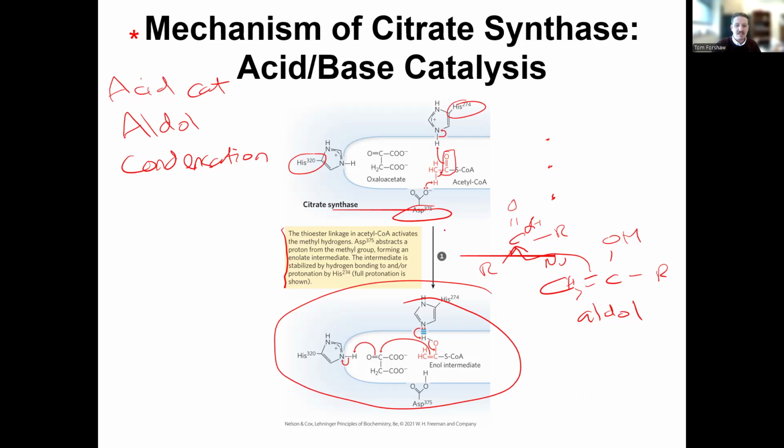This is getting protonated, and that causes a rearrangement to generate the enol. The electrons in this double bond act as a nucleophile to attack this carbonyl carbon. So step 1 is the acid catalyzed generation of the enol intermediate of acetyl-CoA.